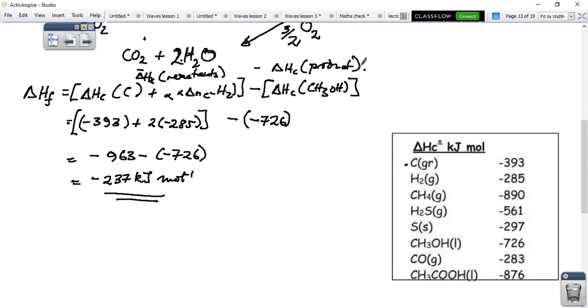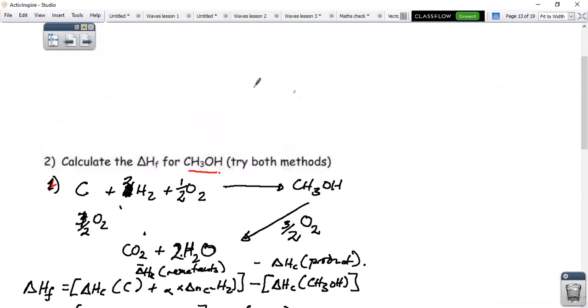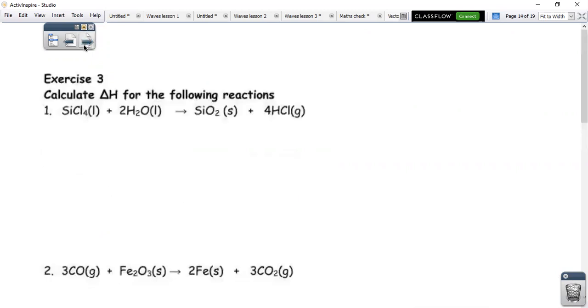So that is for using our method 1, of course. And now we can also use method 2, where we use the enthalpies of formation. And I'll leave that as a little bit of an exercise for you to try. All right, is that okay? Yeah, as a little bit of a homework exercise. Good. Okay, so some for you to try here. Now the values are given that you can use to go through these calculations.